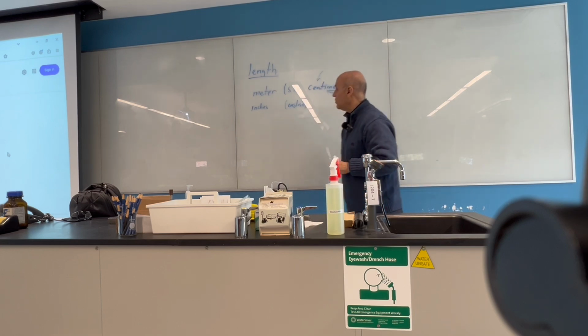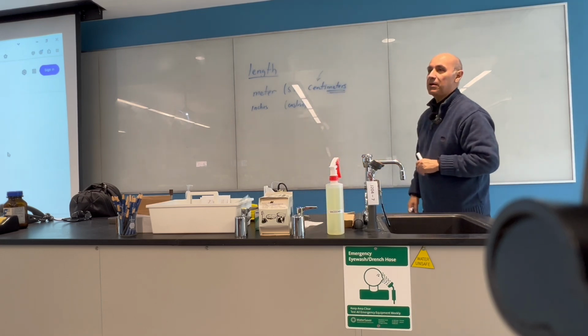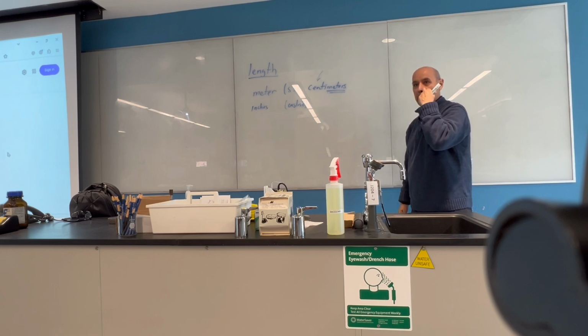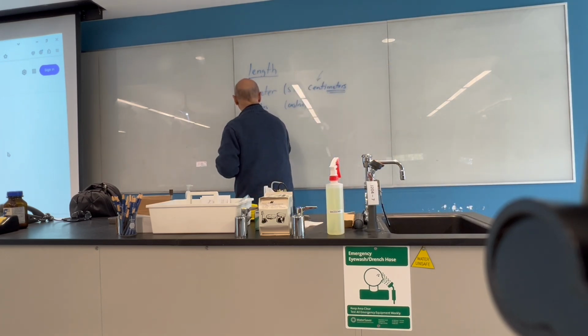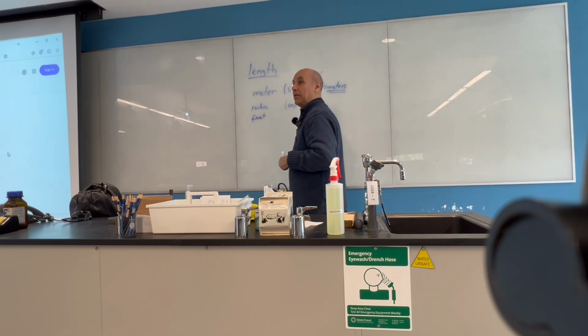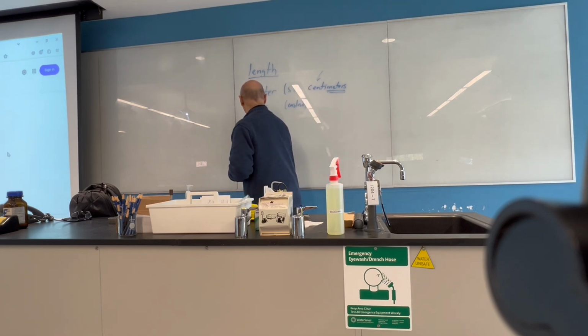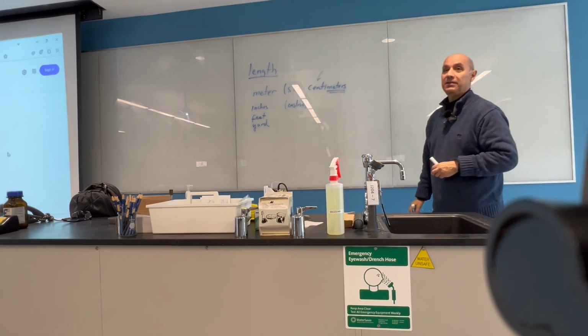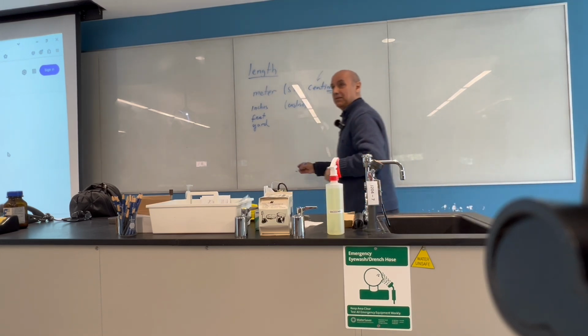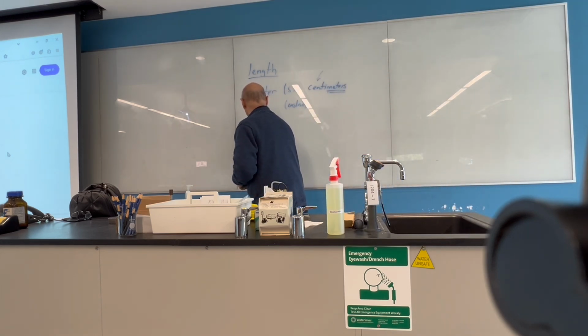How else can you measure in the English system the length of something? Feet. Yard. I'm sure there's another one. Mile. All of that is the English system.